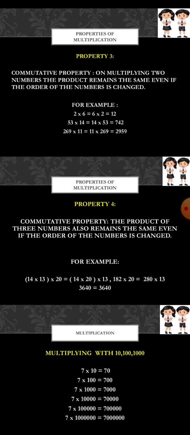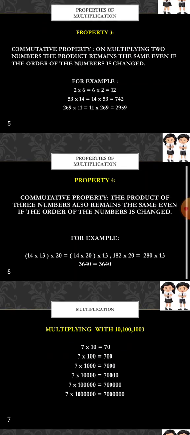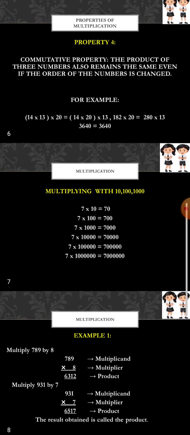Now let's see what property 4 states. Property 4 explains that the product of three numbers also remains the same even if the order of the numbers is changed. In property 3, we have taken two numbers.